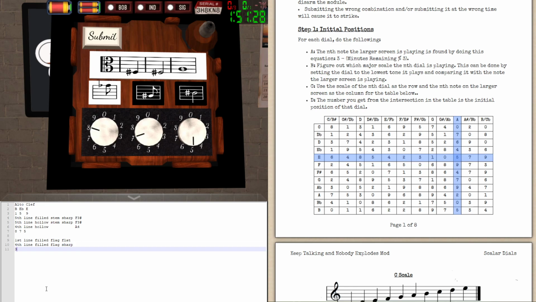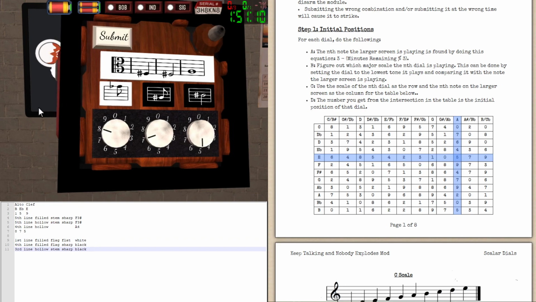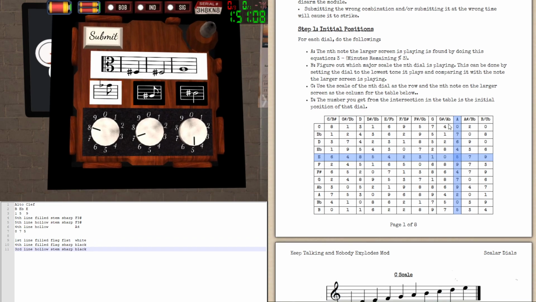Then we have third line, hollow, stem, sharp. And the colors they're exhibiting are white, black, black. That is the background colors, that is.